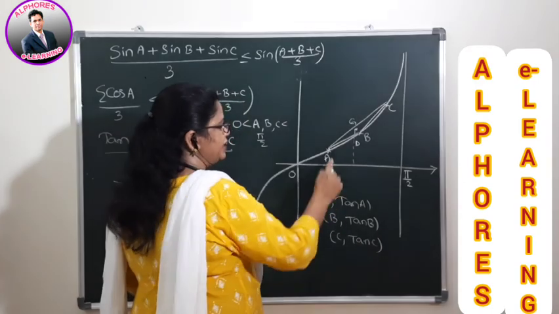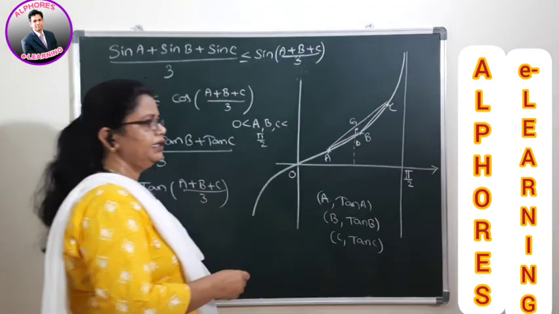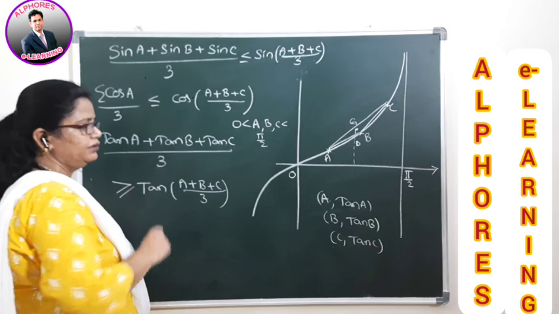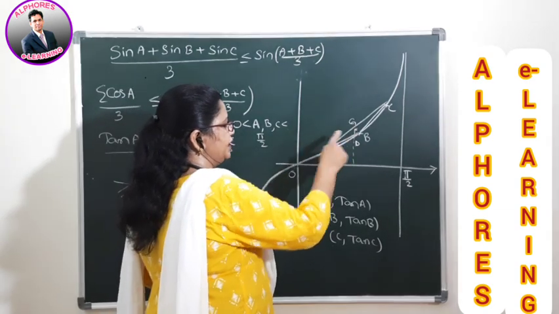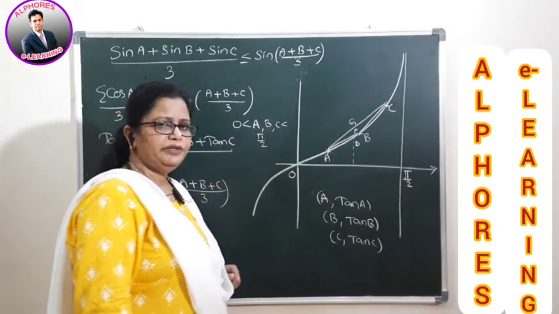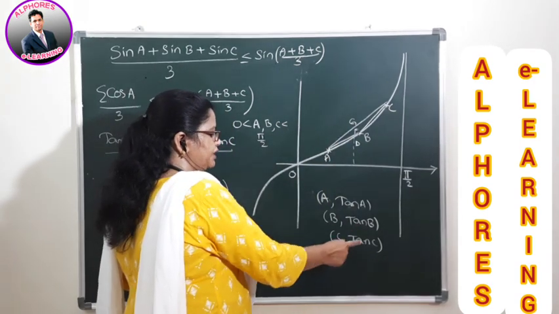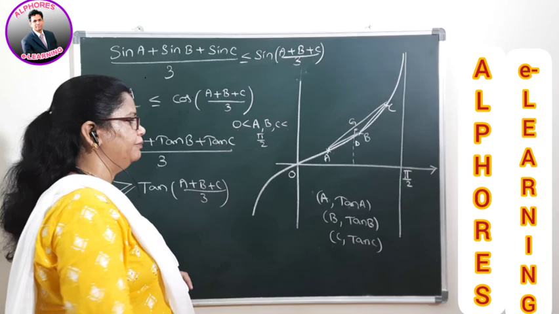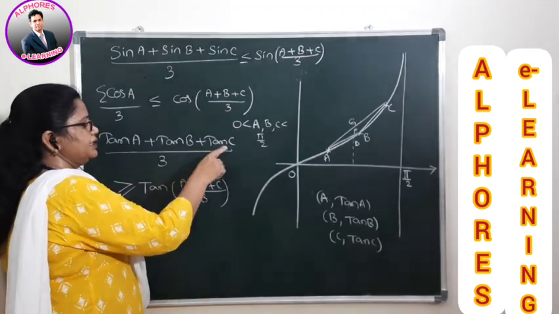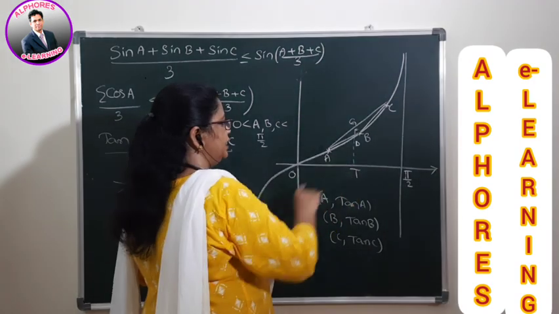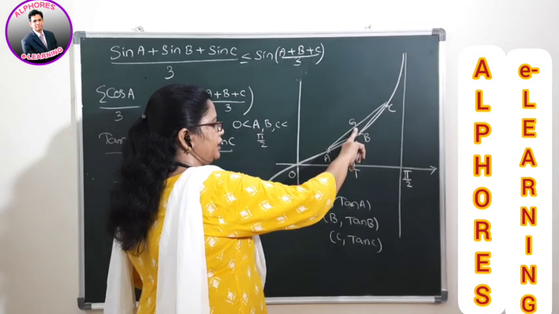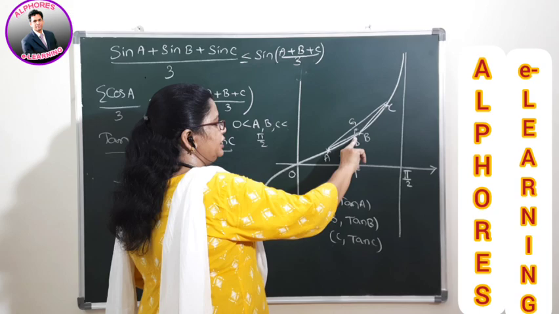Now these 3 points are on the curve, and again here we require dividing by 3, which implies we have taken the centroid. So what is the centroid's coordinate? The ordinate value is (tan a + tan b + tan c)/3. Okay, so this one is our centroid ordinate. But if you compare, students, the centroid ordinate is more when compared with DT.